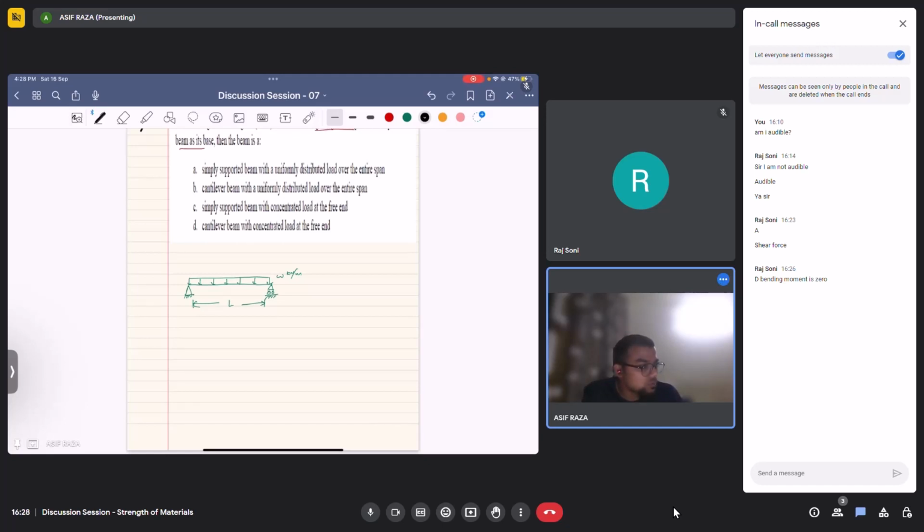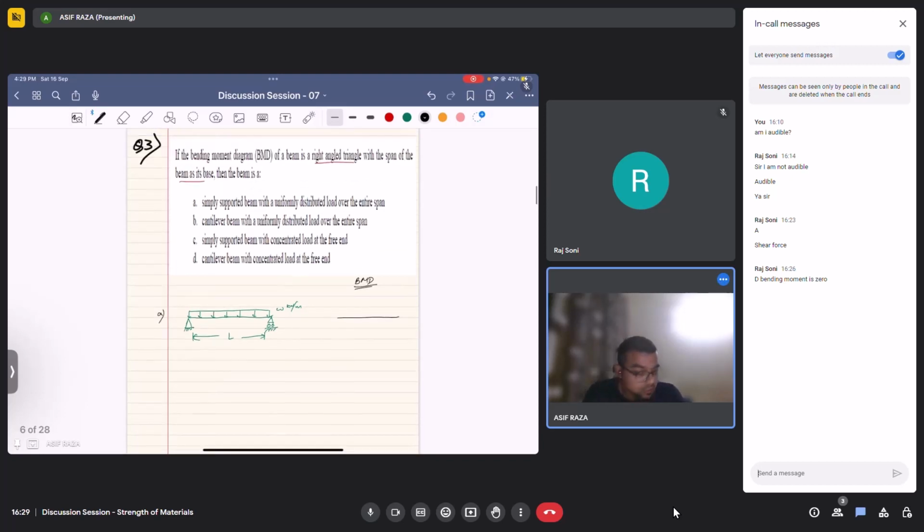Do you know, Raj, what kind of BMD pertains to this option A structure?